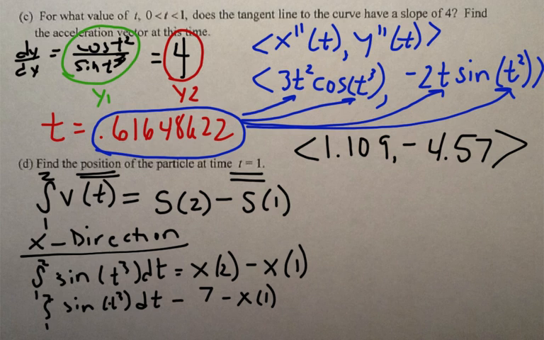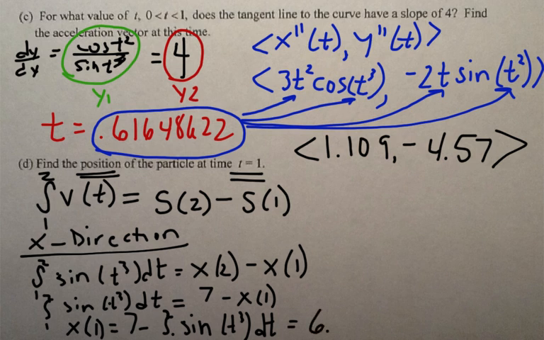So, if I add x of 1 to both sides and then subtract the integral from both sides, I get x of 1 is equal to 7 minus the integral from 1 to 2 of the sine of t cubed dt. And you can do this in your calculator. Round to 3 decimal places, you get 6.782.